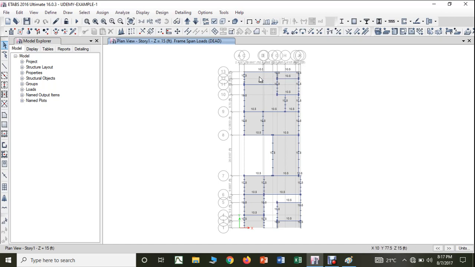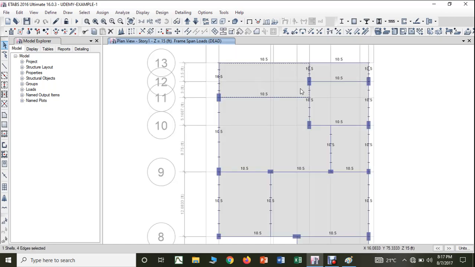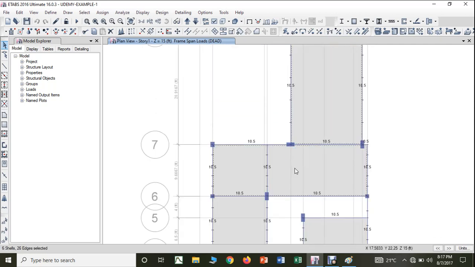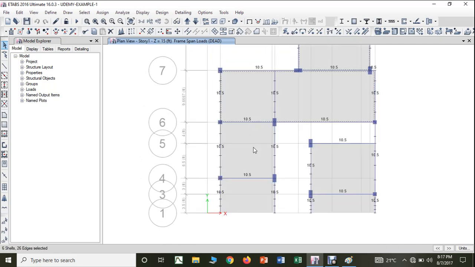So I'll select all the slabs like this. Yes, I have selected the slabs.